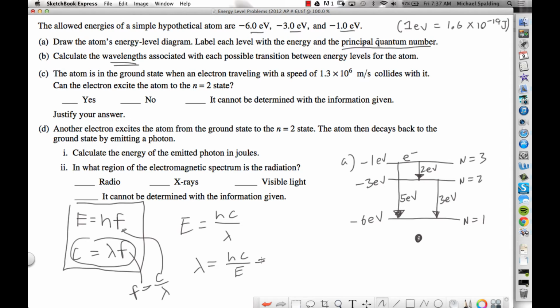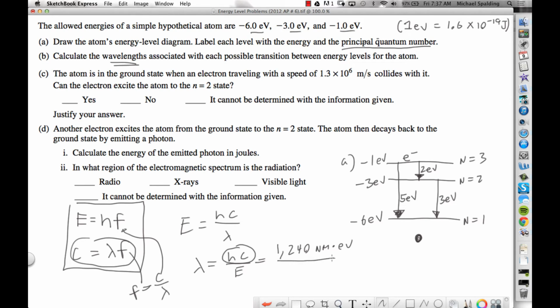If you look at the table of constants, you'll have this on the exam. hc is given, or you could calculate it out, right? But hc is on here. It's 1,240 nanometer times electron volt. Is that correct? Hold on. Yes.